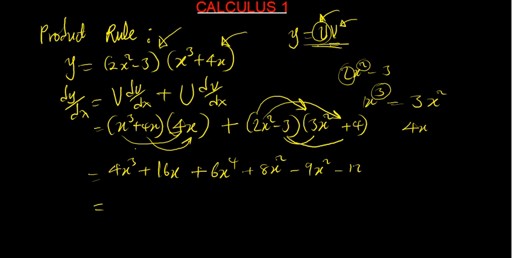At this point now we can just arrange them in the order of reducing powers. We start with this one, that will be 6x power 4, and then we come to this one plus 4x power 3. Now we can see that these can add up.